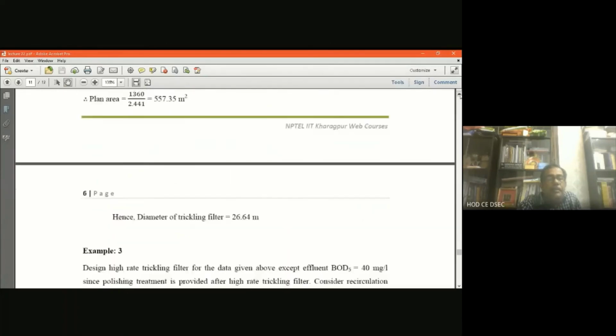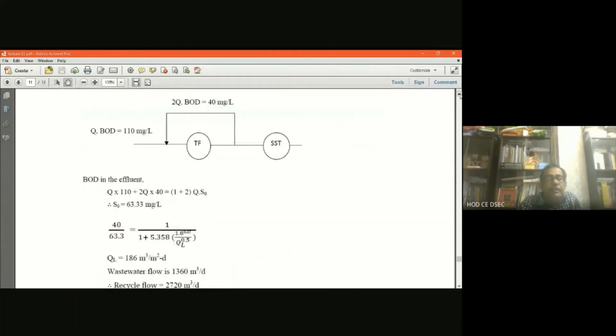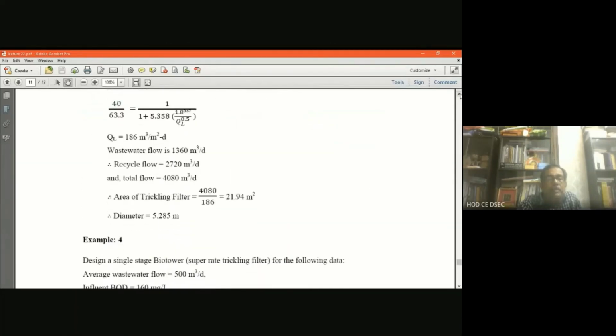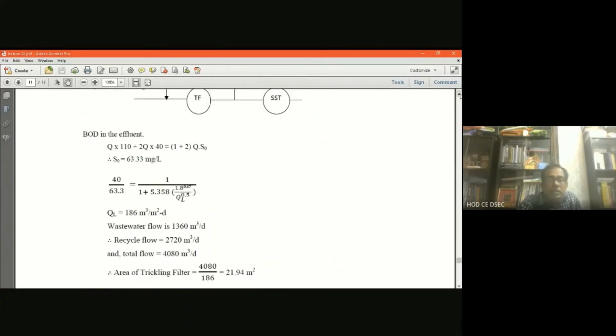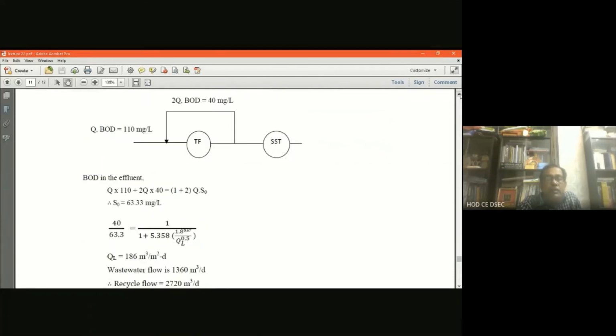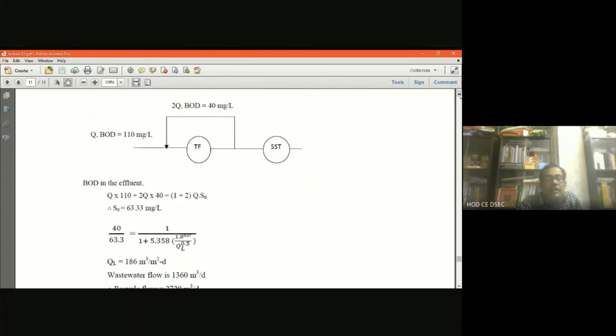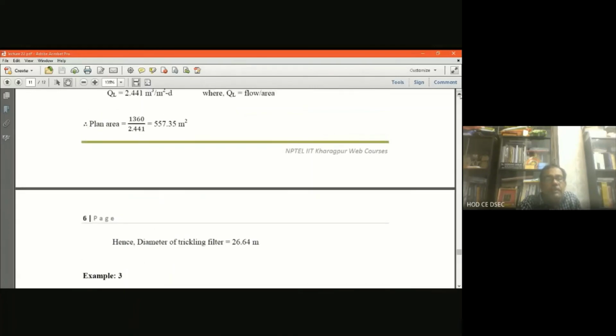In the high rate problem, the Q is changed due to the recirculation factor. The formula is different: ST by SC equal to 1 by 1 plus 5.3 by 1 plus C into d to the power 0.67 by QL whole to the power 0.5.